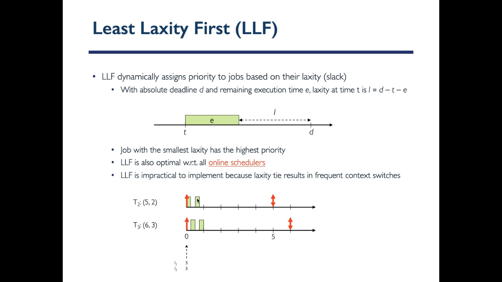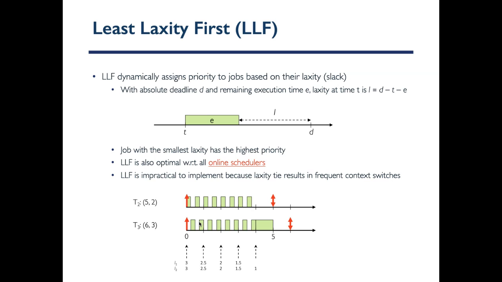Let's say you switch to T2, then switch to T3. So at this point, both of them again have laxity of 2.5. So you can do this again and again. They keep getting the same laxity. And as you can see, depending on how big or how small your time unit is, your scheduling quanta, you might actually have to context switch a lot.